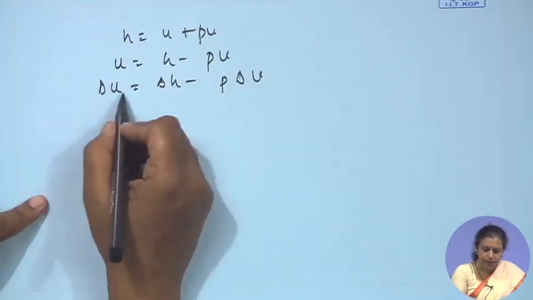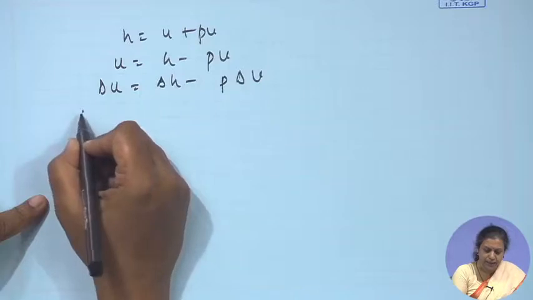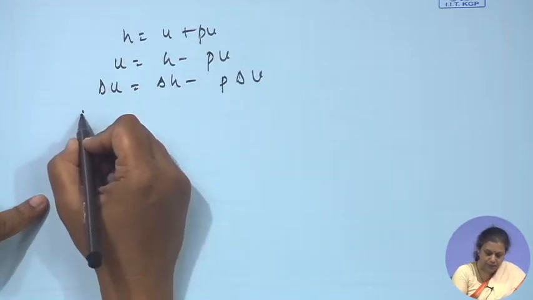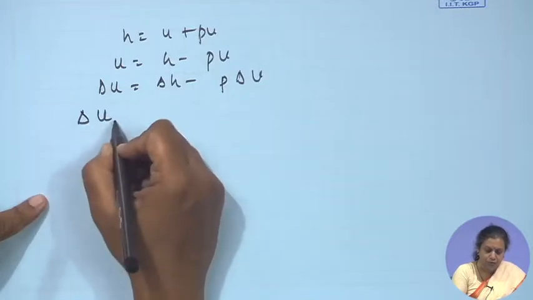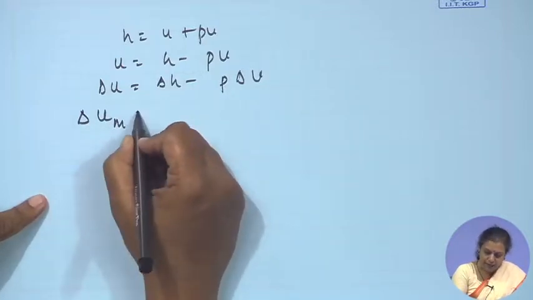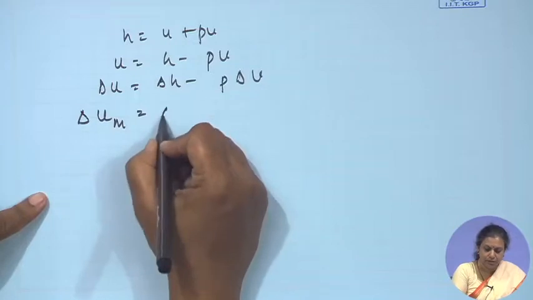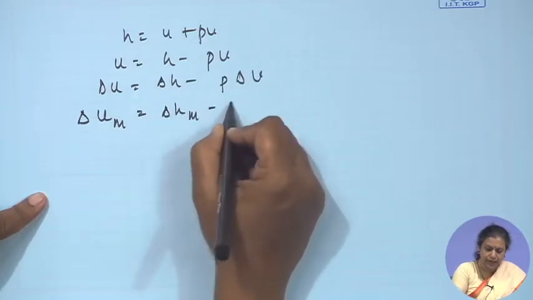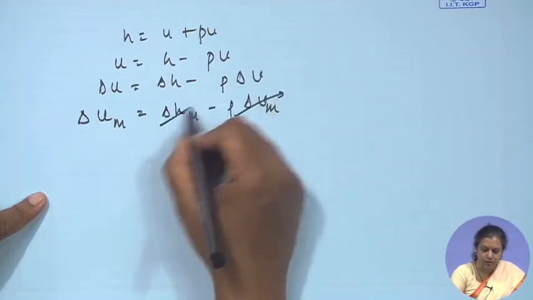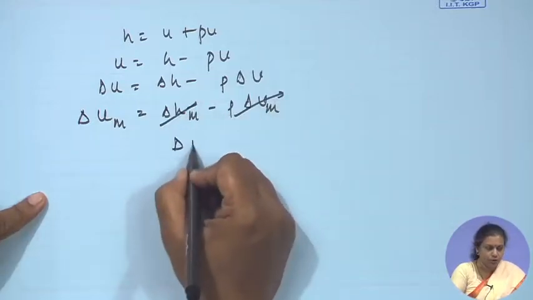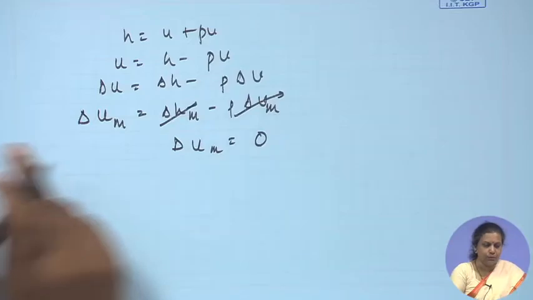So, if I take the molar internal energy change on mixing, this should be equal to delta H mixing minus P delta V mixing. Already we have proved this equals 0, this equals 0, which automatically implies delta Um equals 0.